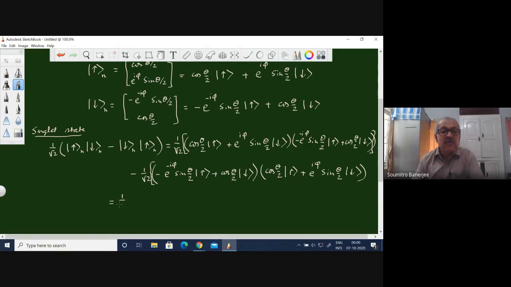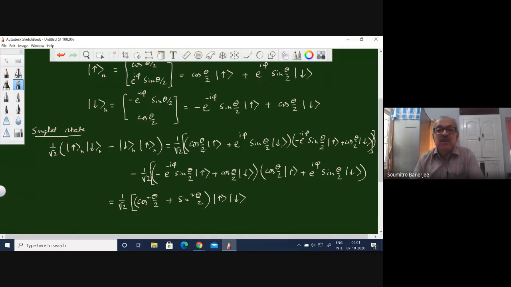So this is 1 by root 2 that comes out up front, and it will be a cos square theta by 2 plus a sine square theta by 2, this whole thing in a bracket, and it will be up and down, up and down. So this one will simplify to that.